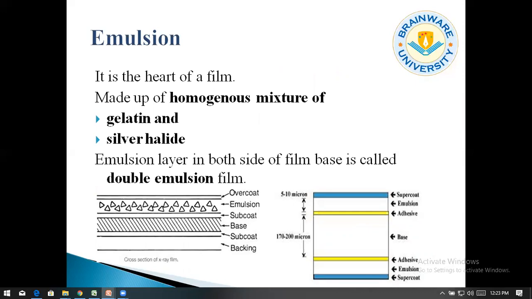In silver halide crystal, there is silver bromide and silver iodide: 90 to 99% silver bromide and 1 to 10% silver iodide. The function of iodide is just to increase the sensitivity of the radiographic film. Gelatin provides a surface where the halide crystals are distributed in order.